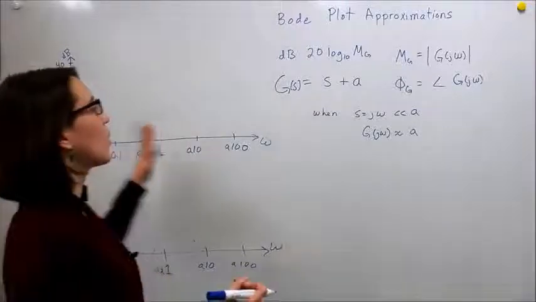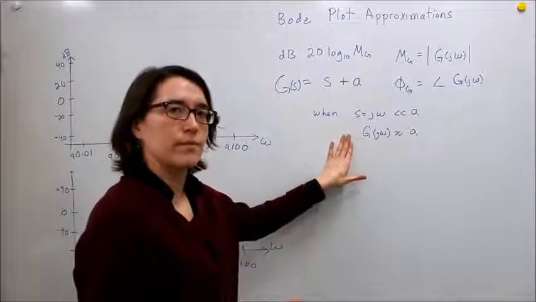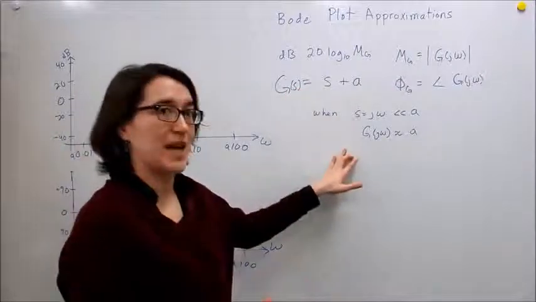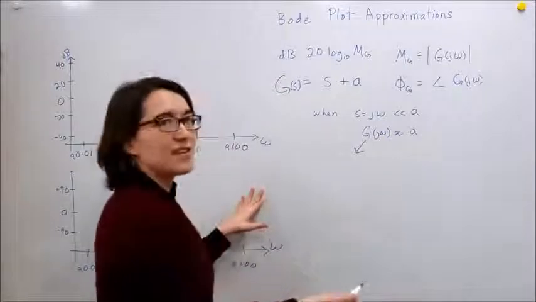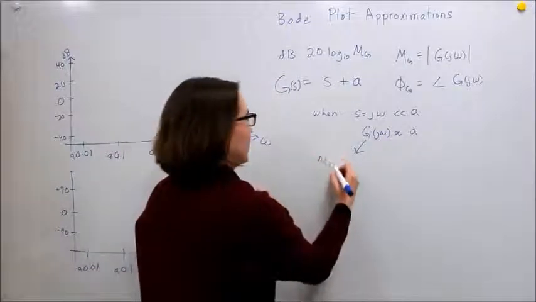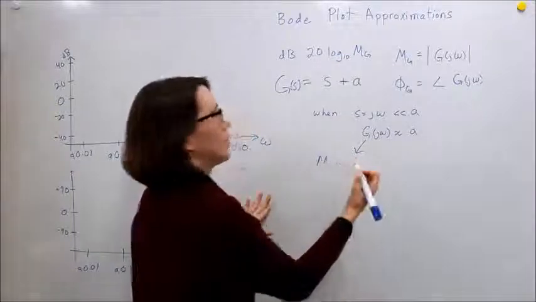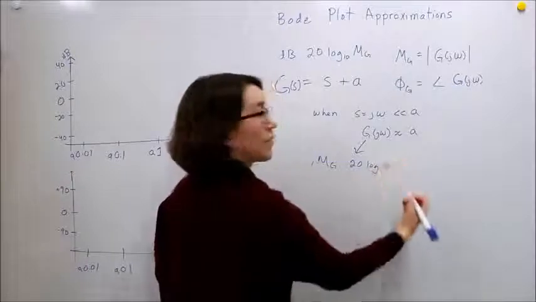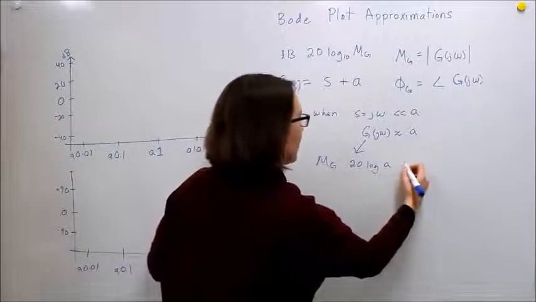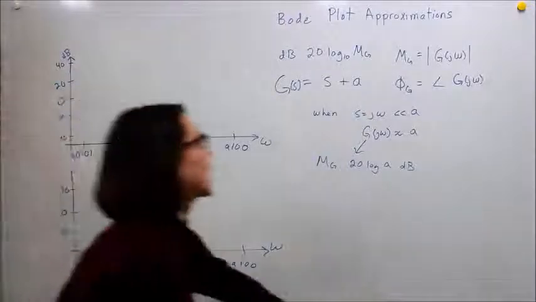Okay, so at very low values, our transfer function will essentially be a, which means that our magnitude is essentially going to be, and I'm going to do it in dB, 20 log a, whatever the value of a is, and that'll be in dB. Okay, so again, we don't know exactly what this is going to be.